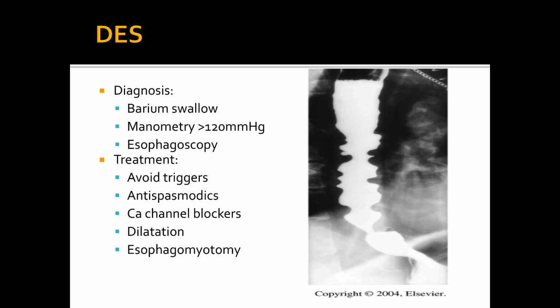There's non-progressive peristalsis. When you do your barium swallow, you'll see a spasm-like pan-esophageal contraction without progression. The treatment is basically to try to avoid the triggers. Maybe you can use some calcium channel blockers or smooth muscle relaxers to help symptoms.